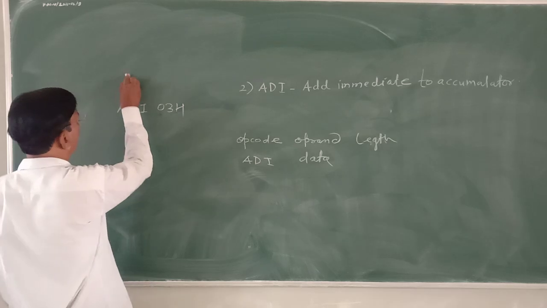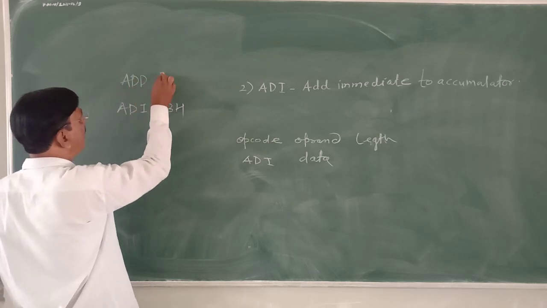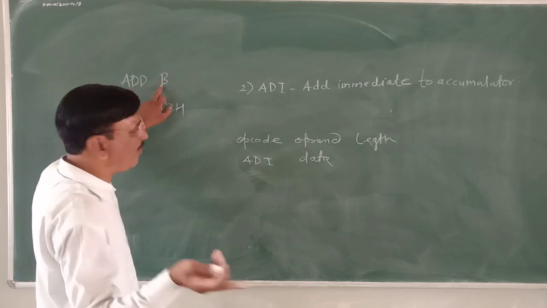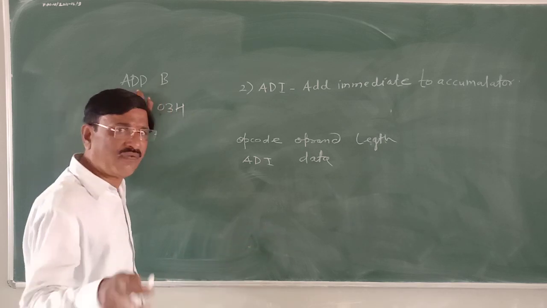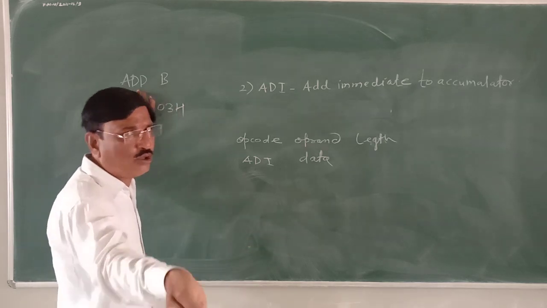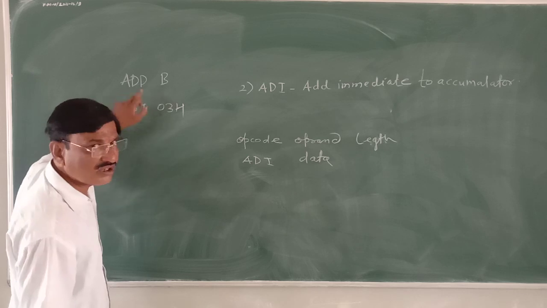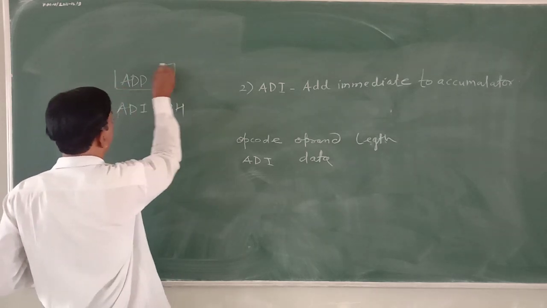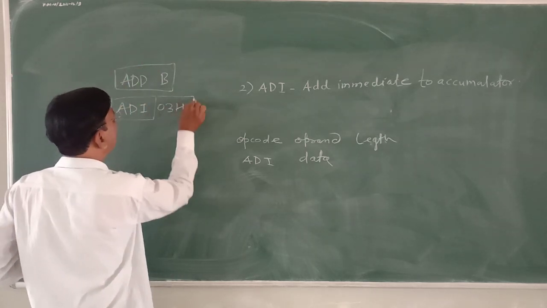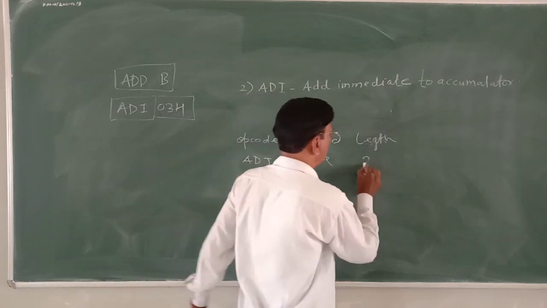Whereas in the previous instruction we saw, add the contents of register B with the contents of the accumulator, store the result in the accumulator. See the difference? That one is a 1 byte instruction only, but here this is 1 byte and this is the other byte. That's why the length is 2 bytes.